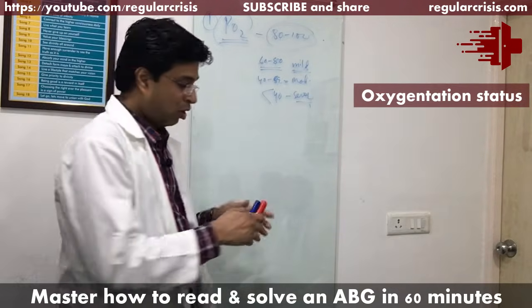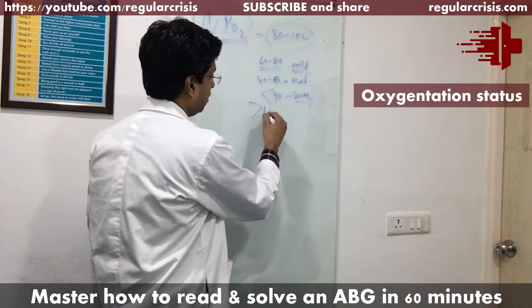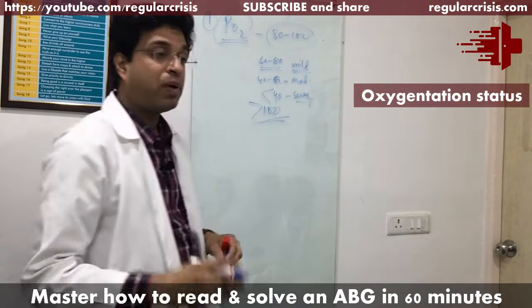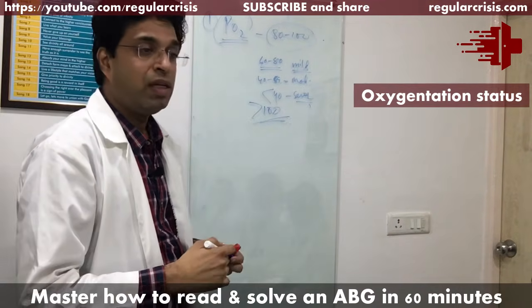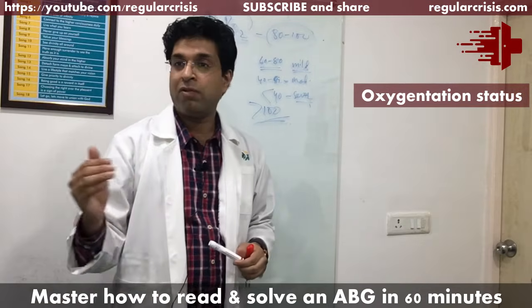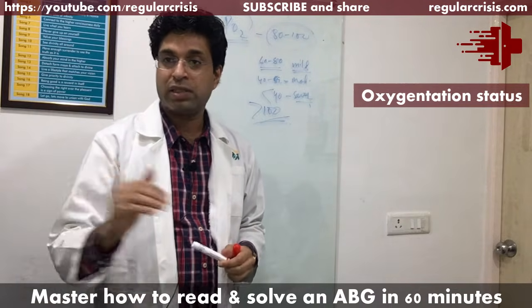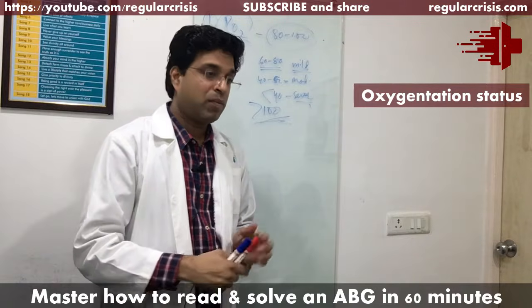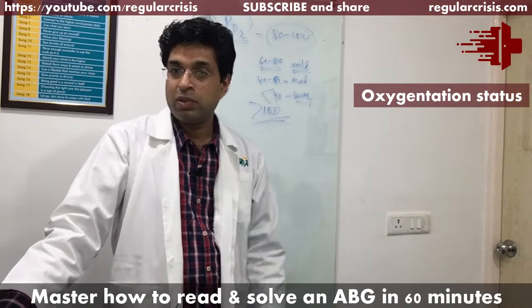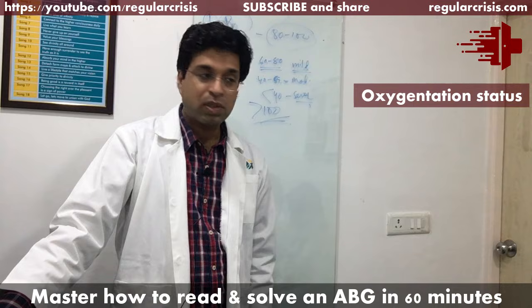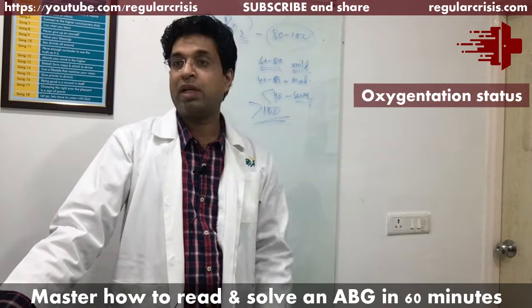Now, what if it is more than 100? It is hyperoxemia. This may not be much of a concern in adult patients, but in kids, infants and newborns, the blood-brain barrier is not so well developed. So a high amount of oxygen can cross to the brain and cause free radical injury.